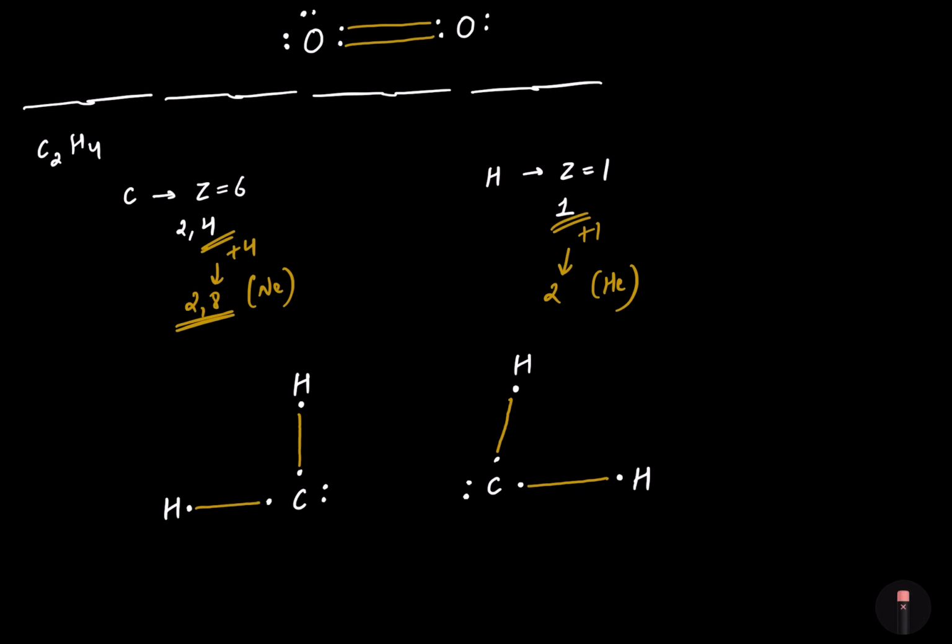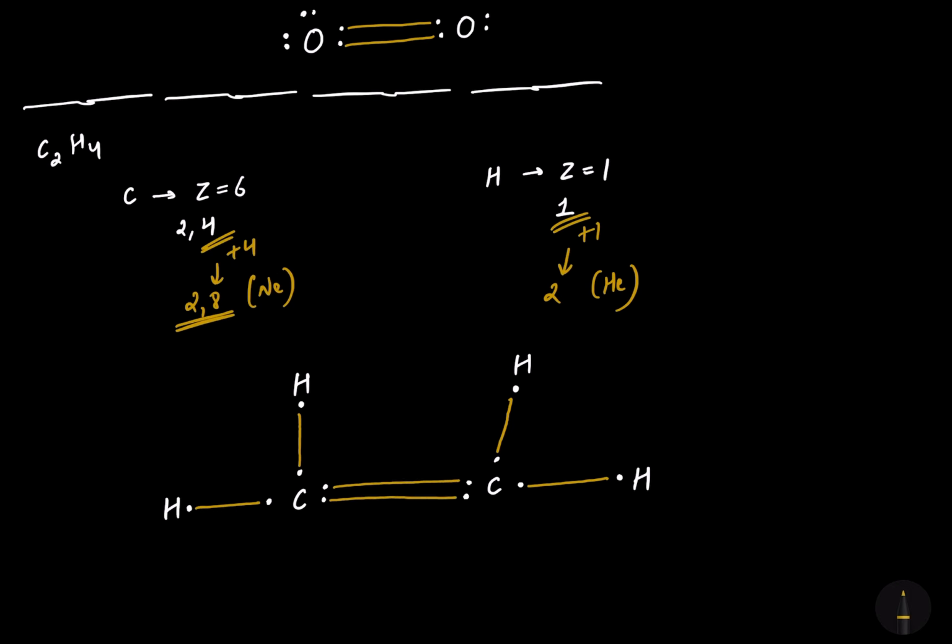Now let's talk about the carbon. Carbon will form 4 covalent bonds to achieve the octet. Now let's talk about the first carbon. Here it has made only 2 bonds. Now that's our third covalent bond and the fourth covalent bond.